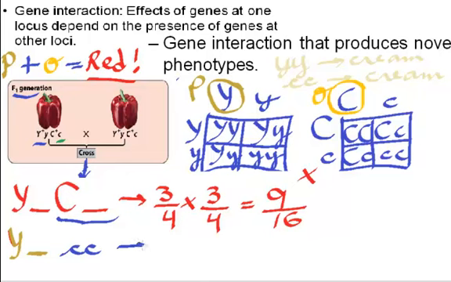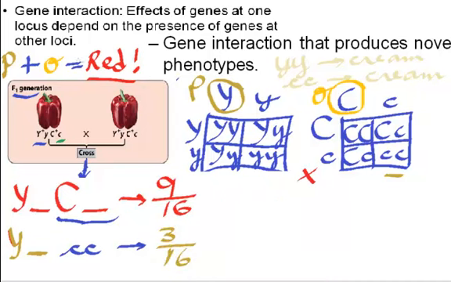Let's see what type of probability will give us this outcome here. 3 out of 4. And for the recessive here, we only have 1 out of 4. So that will give us 3 out of 16 combinations.